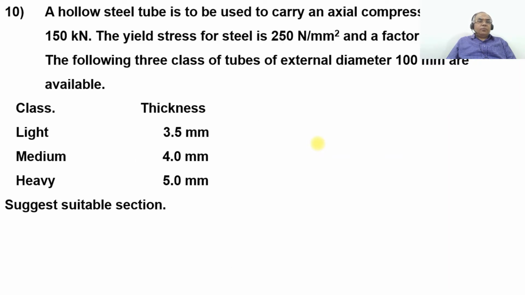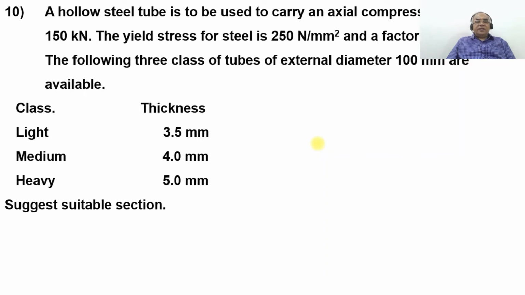Now we're going to take up one more problem, problem number 10, which reads as: a hollow steel tube is to be used to carry an axial compressive load of 150 kilonewton. The yield stress for steel is 250 Newton per mm square and a factor of safety of 2.